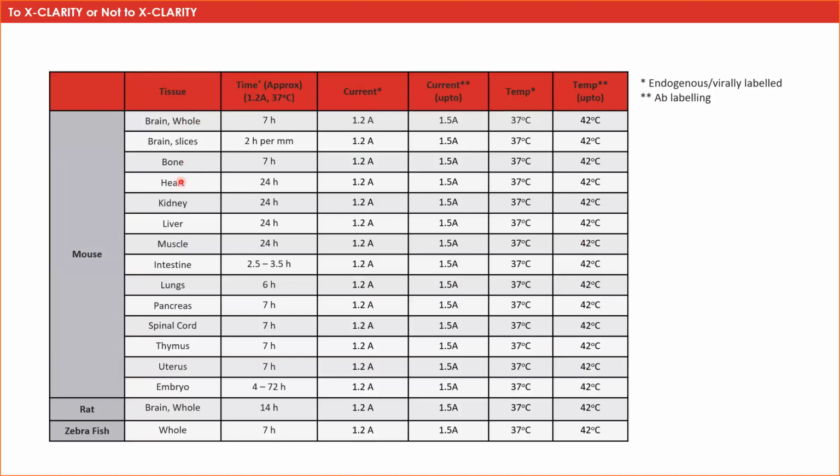If your sample is endogenously labeled, then we have a set of current and temperature that we recommend you use. However, if samples are not endogenously labeled, but will need to be antibody labeled, then you can raise the amps and the temperature, and this will speed up the process by maybe an hour or two. The reason we have these set lower for the endogenous labels is so that they don't cook off the fluorescent signal.